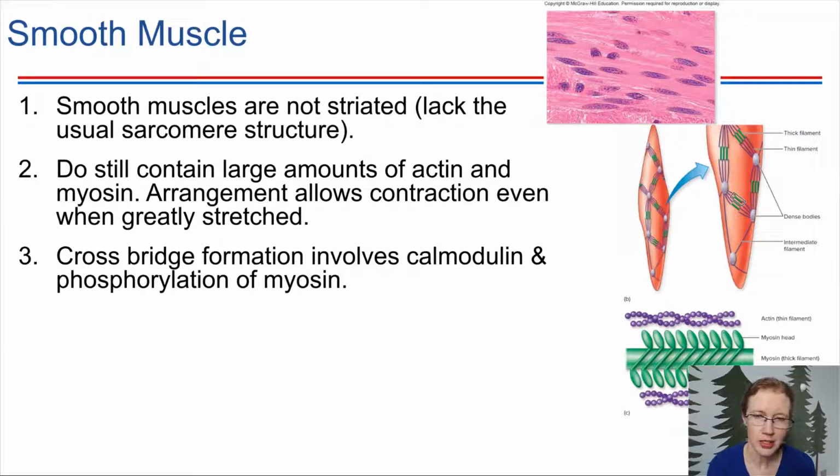And what calmodulin does is it causes a phosphorylation event to happen. That's the same as when we talked about it as a second messenger in chapter 11. It was part of the phospholipase C second messenger system. Anyway, calmodulin activates a kinase, and that kinase then phosphorylates myosin in smooth muscle.